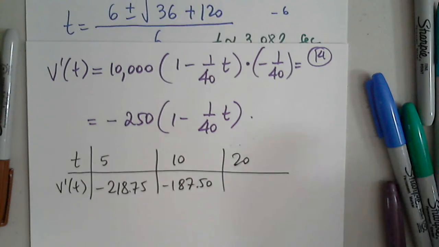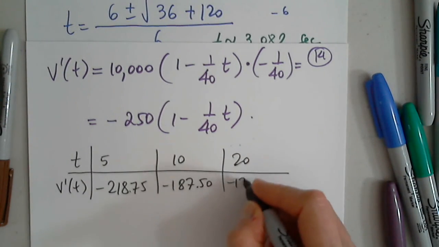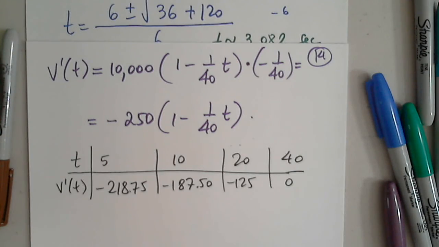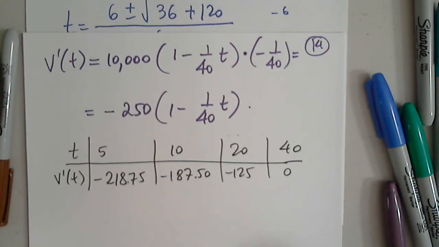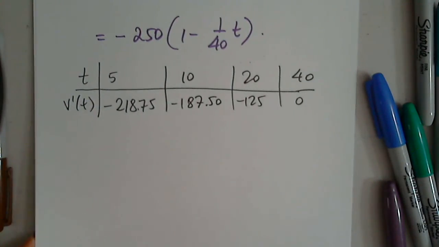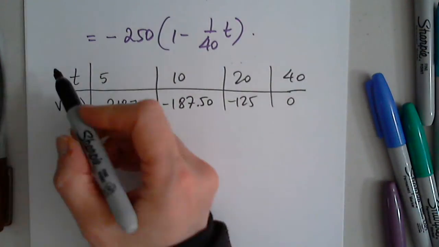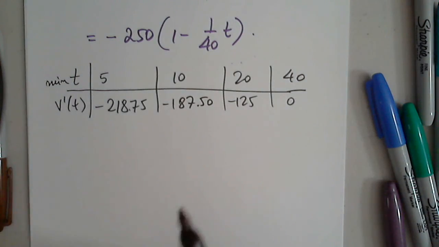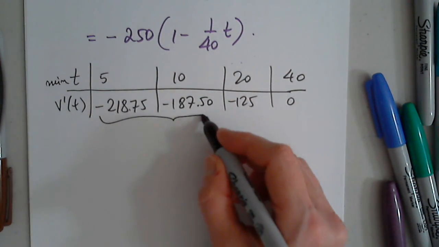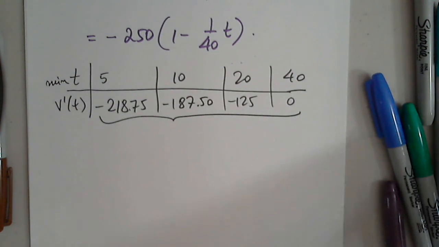Negative 187.50 for 20 minutes is negative 125, and of course for 40 is 0. I'm going to stop sharing now. Okay, so here's our table. So of course this is in minutes, and this is the rate of change. All these numbers have what measurement unit? Is a gallon.